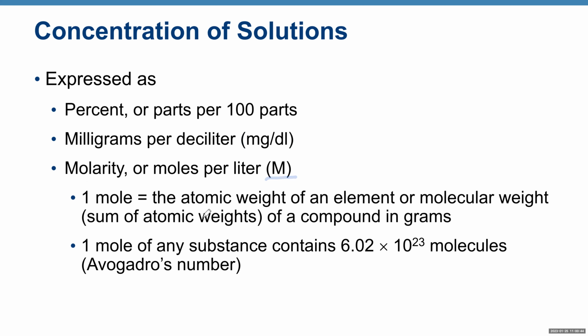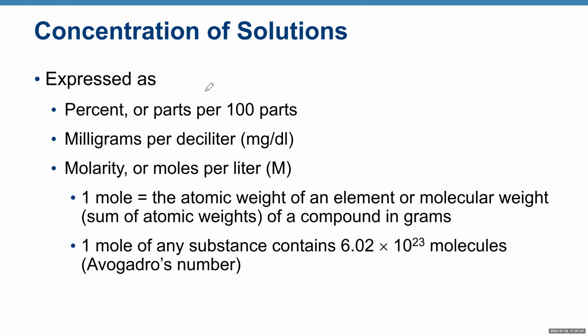One mole is the atomic weight of an element, or the molecular weight, the sum of atomic weights of a compound, in grams. And one mole of any substance contains 6.02 times 10 to the 23rd power molecules. That is called the Avogadro number.